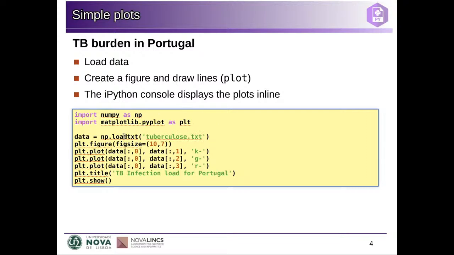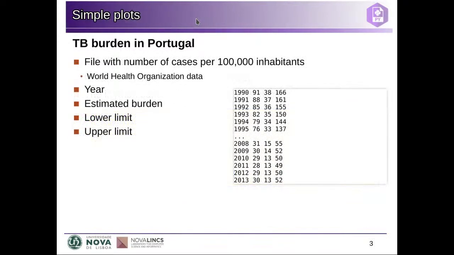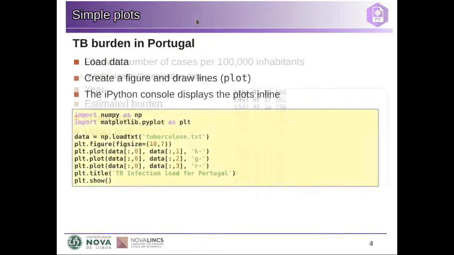This loadtxt function actually has lots of different options that you can use for skipping header rows, for changing the separator, and things like that. So it's actually more flexible. There are lots of files that you can read with this function, but it's basically for files that are composed of numerical data. You just read everything into a NumPy array.